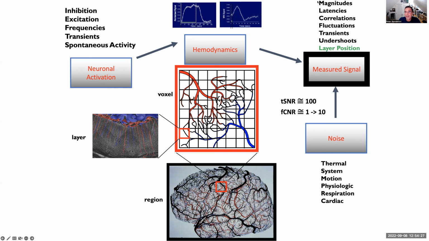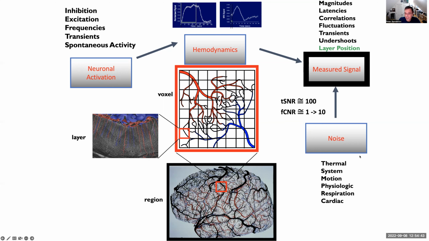And the measured signal can be magnitudes, latencies, correlations, fluctuations, transients, undershoots, and so on. And also I've added layer position as well. That is an informative aspect of the measured signal that will inform directionality, which I'll get into.